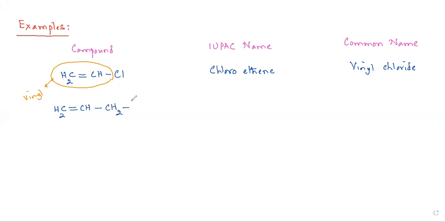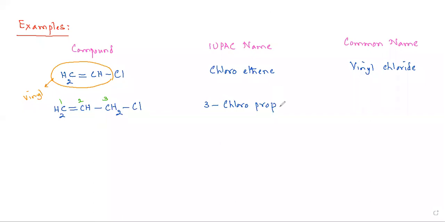Now look at this. If this is the case, 1, 2, 3. So this can be written as 3 chloro. Even if the double bond is here, it will be propene only, prop-1-ene only.